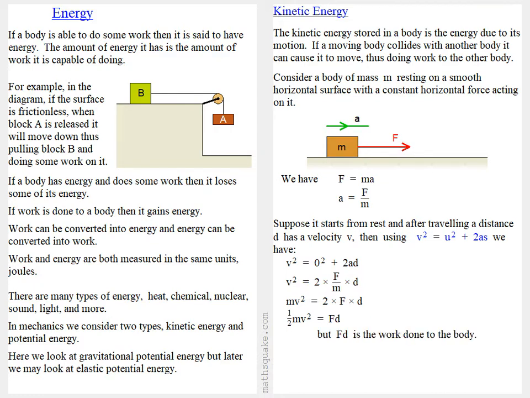But Fd is the force times the distance moved, so it's the work done on the body. So the work done on the body is a half mv squared, which means the body now has kinetic energy, a half mv squared. Now that's an important formula. The kinetic energy is equal to a half mv squared.